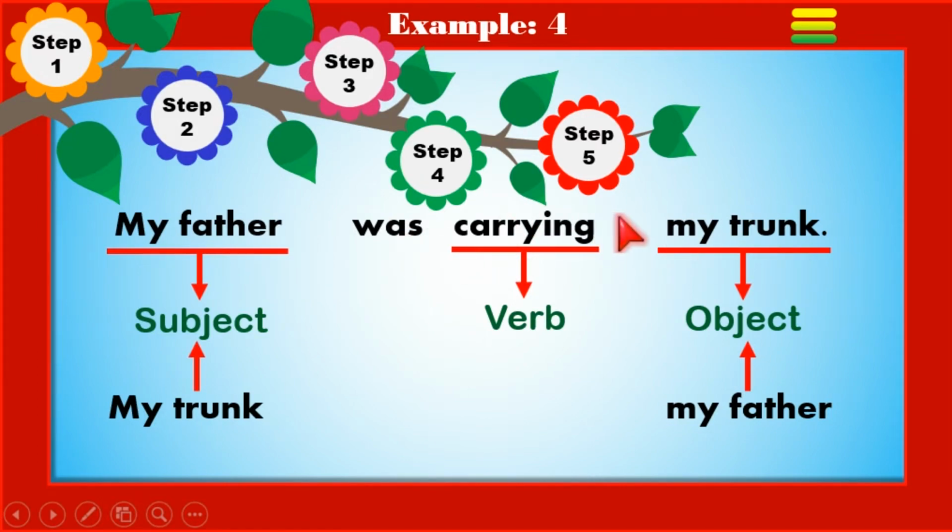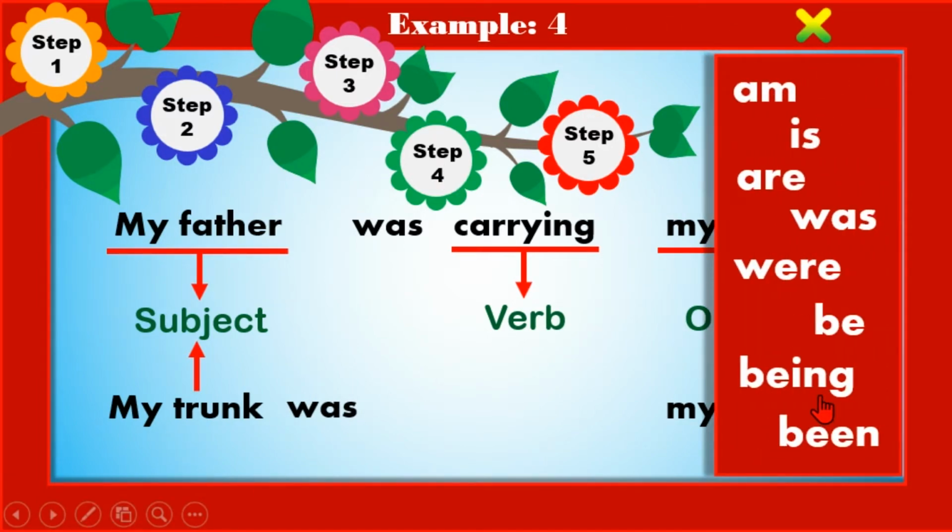So was carrying, it is a past continuous tense. So here you write was as usual. So my trunk was. Then find out the correct auxiliary verb from this table.